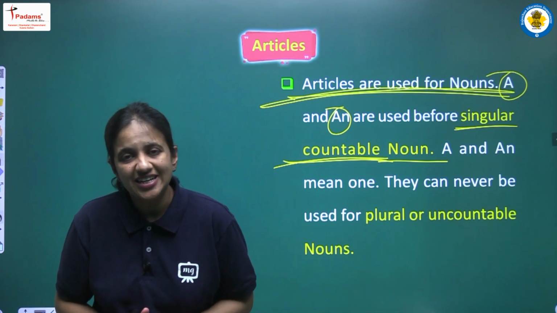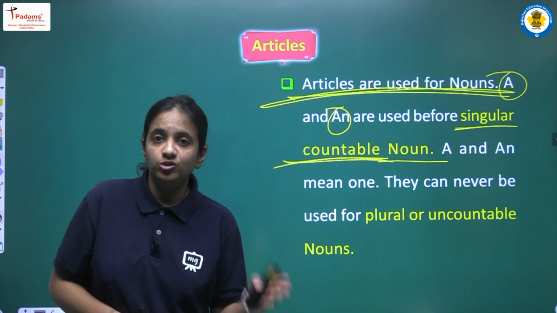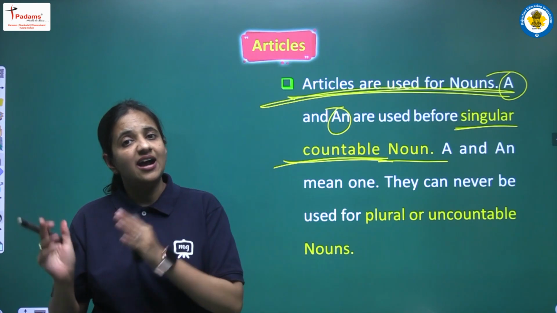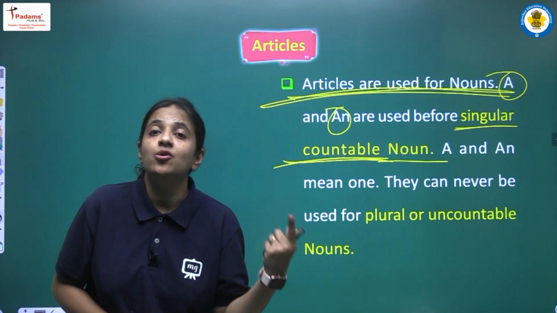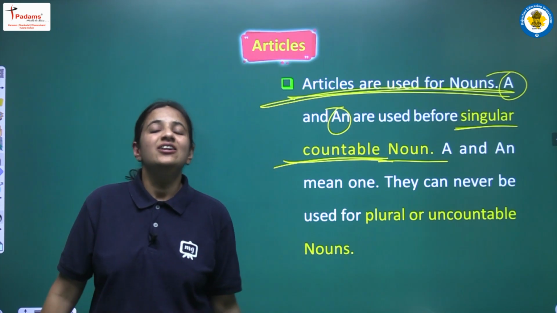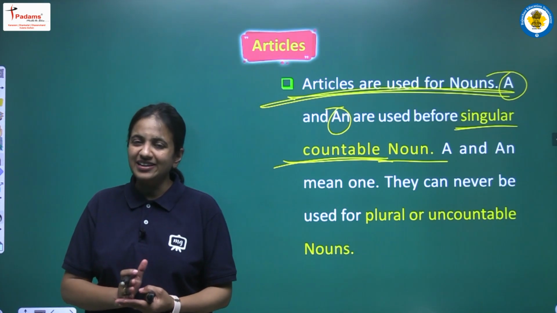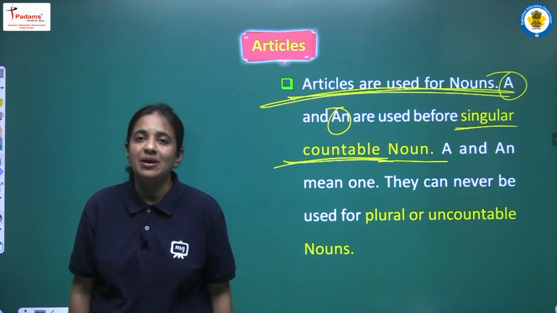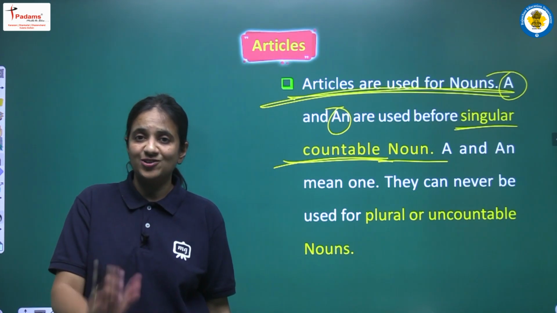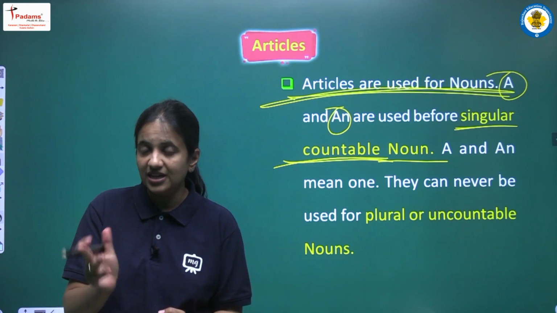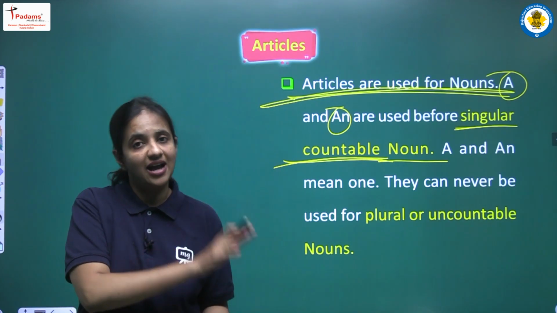And if that word is a noun, then next we have to check whether it is singular or plural, countable or uncountable, and then according to the sound, we can use A or AN. Clear? But you always have to remember, you have to learn this, that A and AN are used before singular and countable nouns.